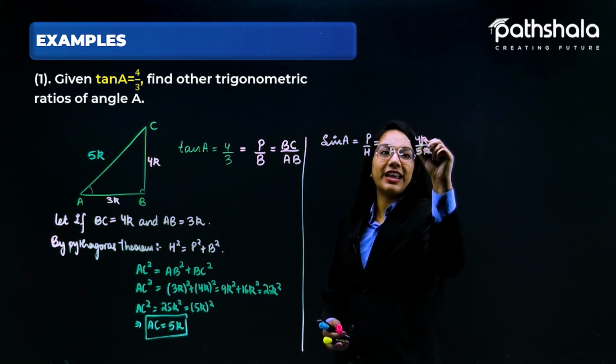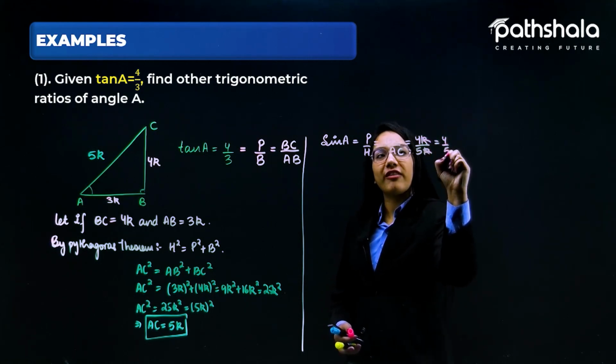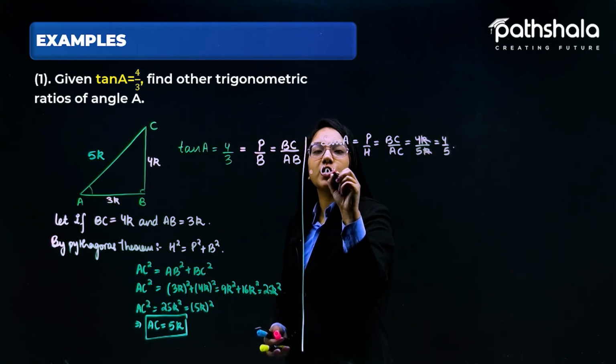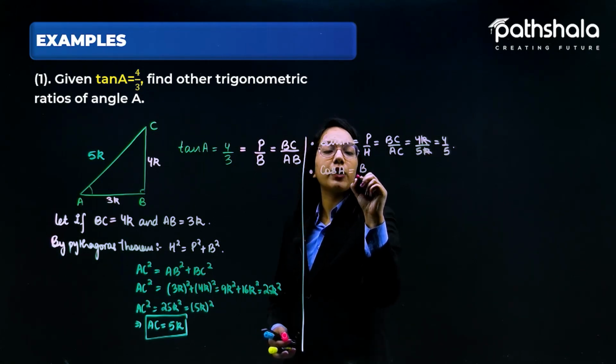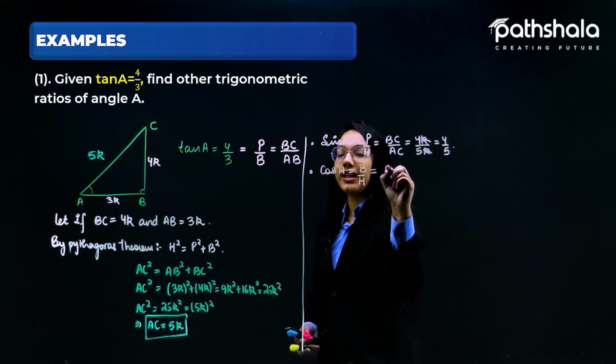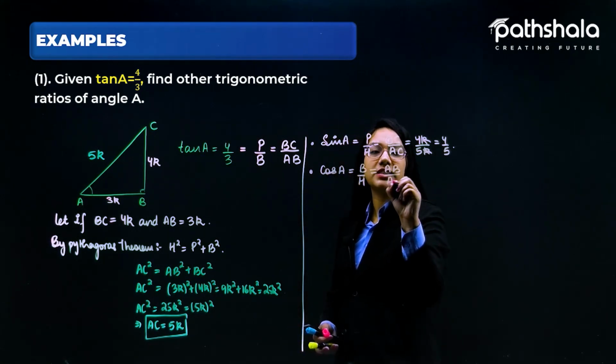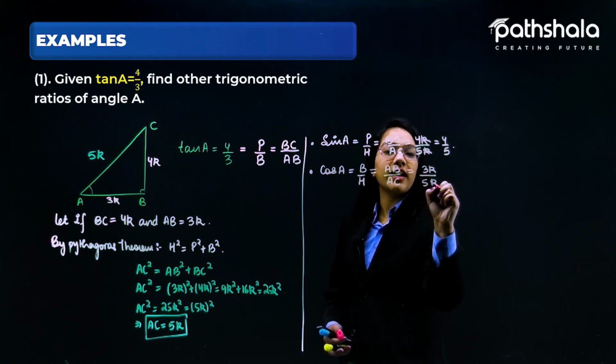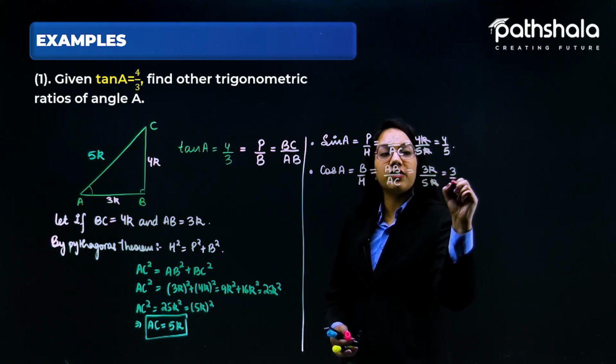Cancelling K and K, this is 4/5. In a similar manner, cos of A is base by hypotenuse, which is AB by AC, 3K by 5K. K and K cancel, so this is 3/5.